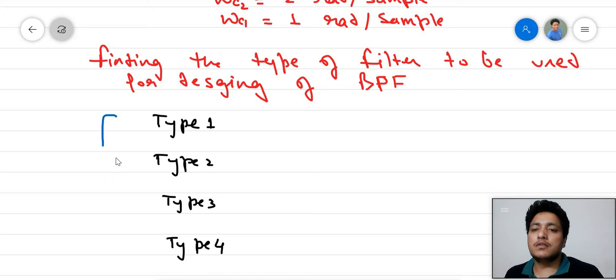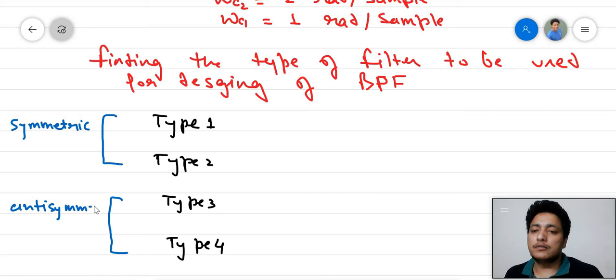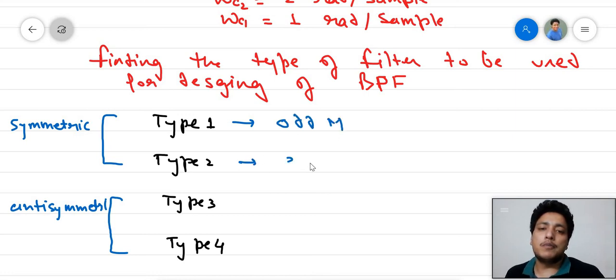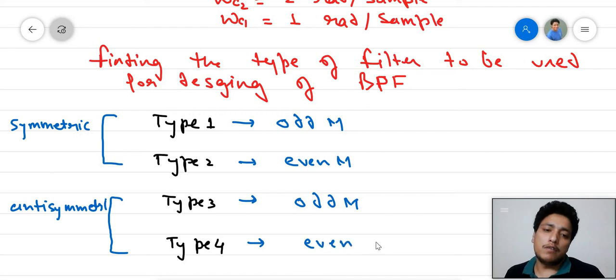Out of these, these two are symmetric, and these two are anti-symmetric. So type 1 odd M, type 2 even M, type 3 odd M, type 4 even M.